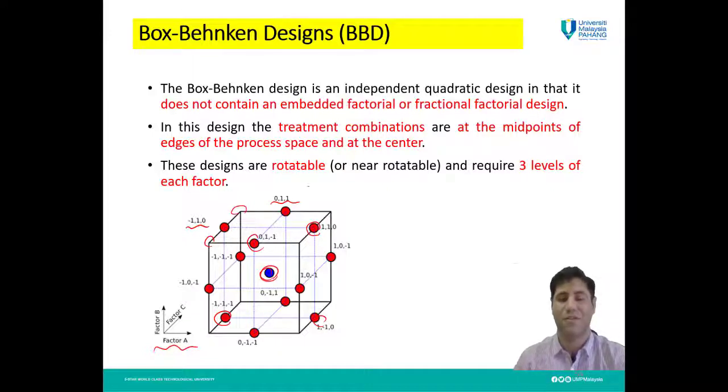This design is also rotatable. You can see here we have a symmetry in this design, or we can say it is near rotatable. So our model is not sensitive to the direction of finding that equation or model.